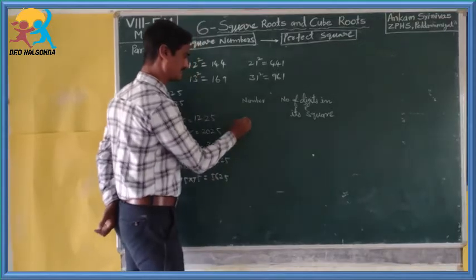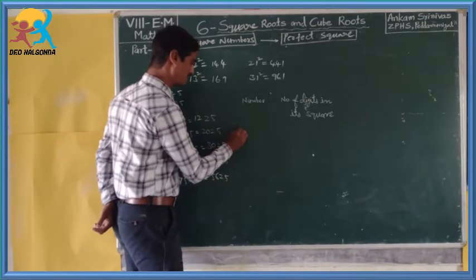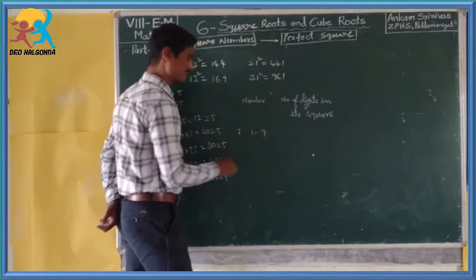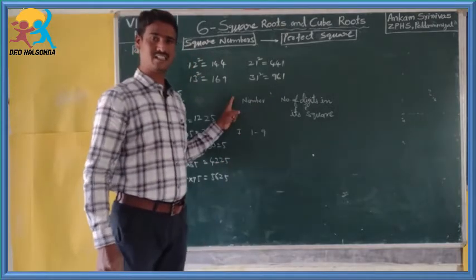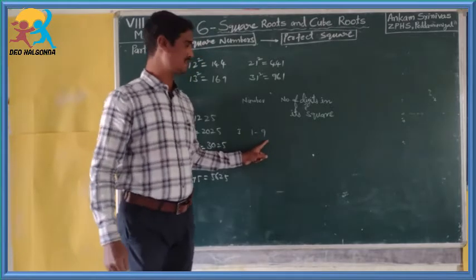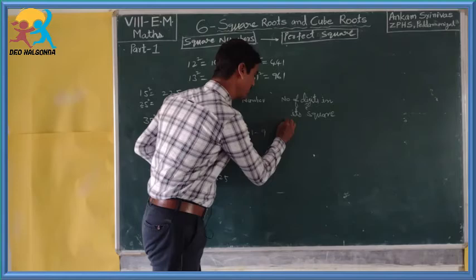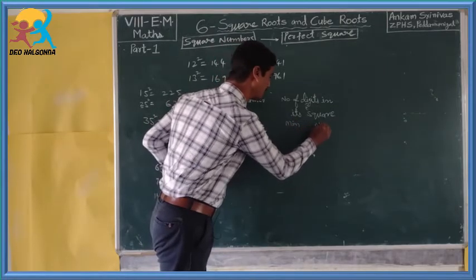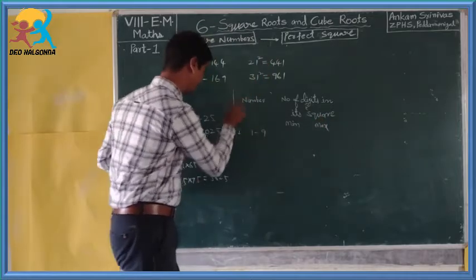Let's take the first case, 1 to 9. That means single digit numbers. For the square of a single digit number, you take the minimum and maximum. Make a table.